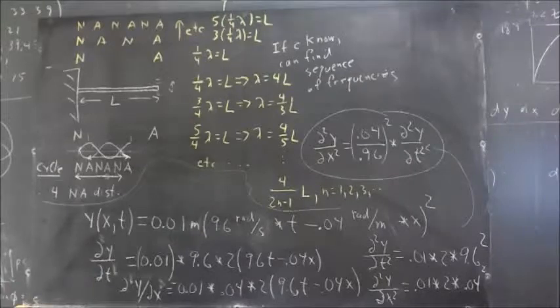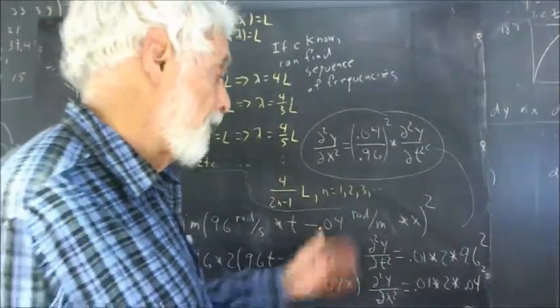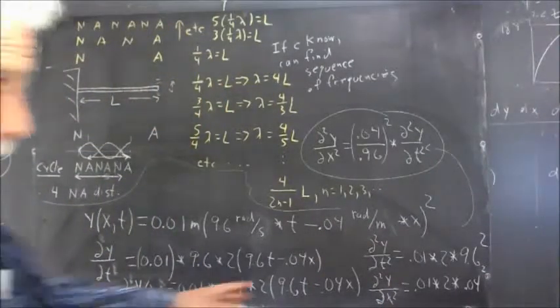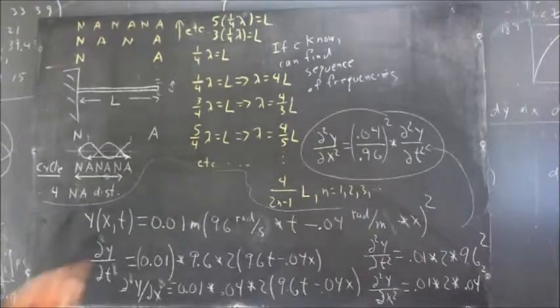Now, what should that relationship be? Basically, that the second partials are in a constant ratio to one another. That constant ratio is related to the speed of the wave, and we didn't actually address that in the session we had, but we'll address it here just to make sure we understand.